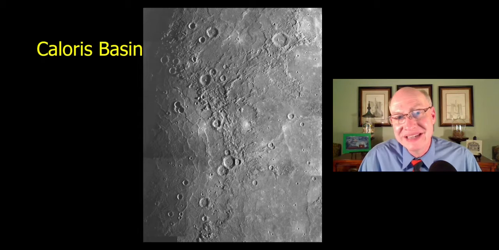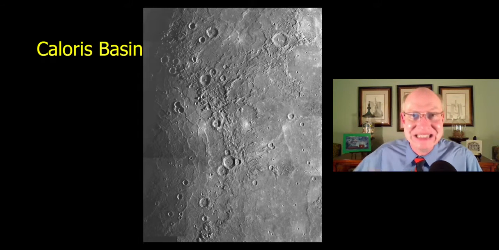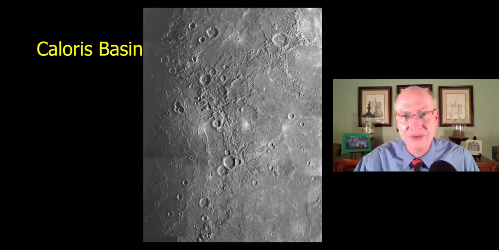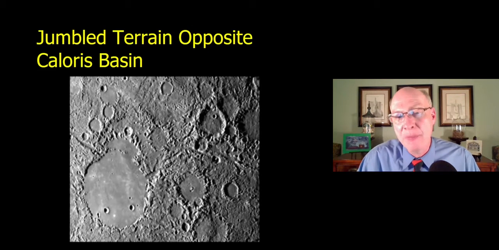Now, the Caloris Basin is a giant impact basin, and exactly 180 degrees away from the Caloris Basin, on the opposite side of Mercury, is this highly jumbled terrain. Don't look at the impact craters here, but look at the stuff in between the impact craters, and you see a terrain that is very broken apart and very jumbled.